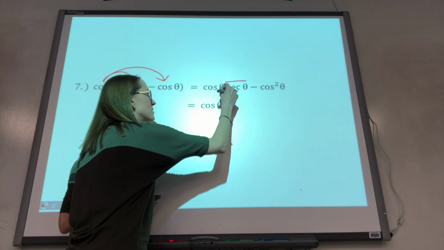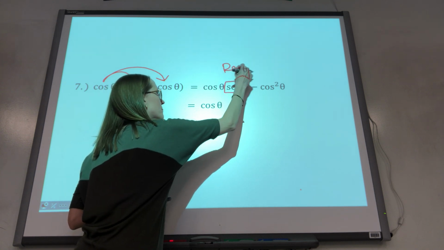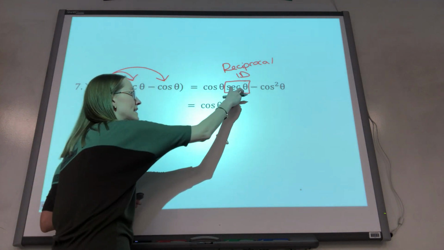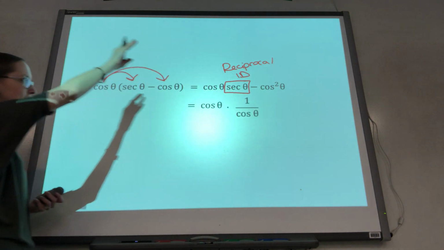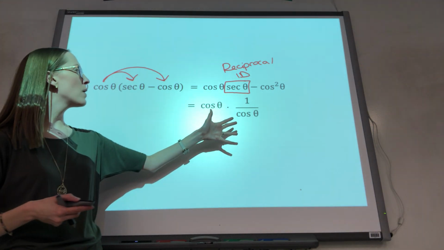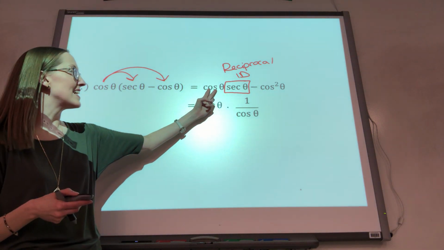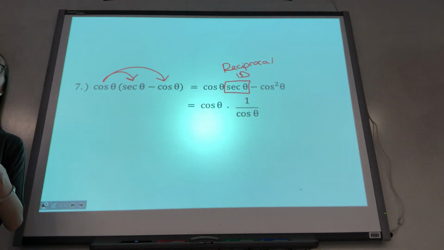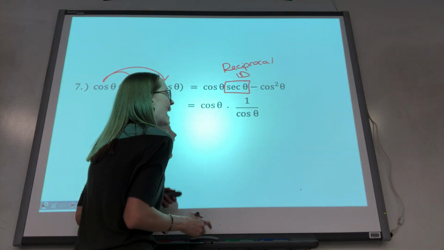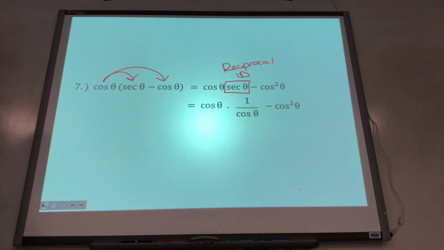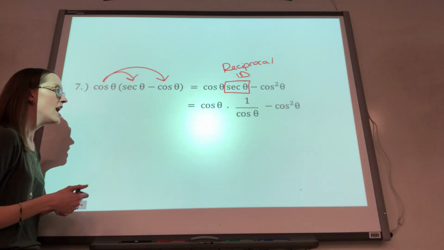I'm going to leave cosine of theta alone, and I am going to rewrite secant of theta as 1 over cosine of theta. The other way to do this part would be to rewrite this as 1 over secant and then leave secant of theta alone. You'll get the same answer either way. And for right now, I'm just going to bring down the minus cosine squared of theta.